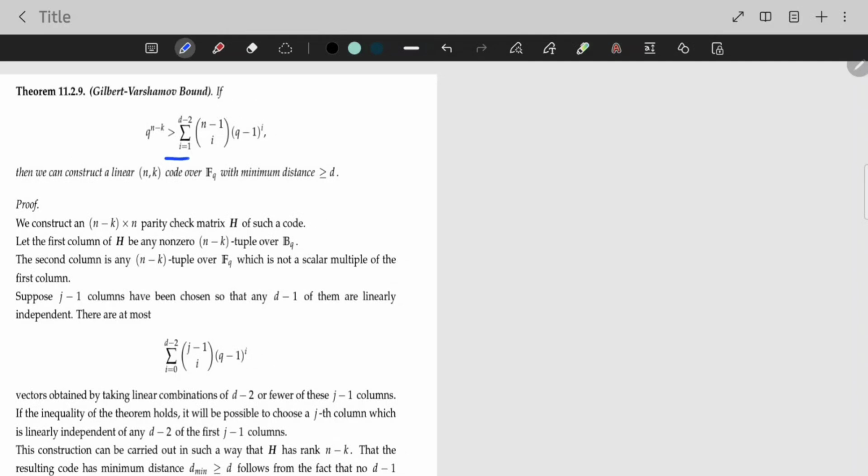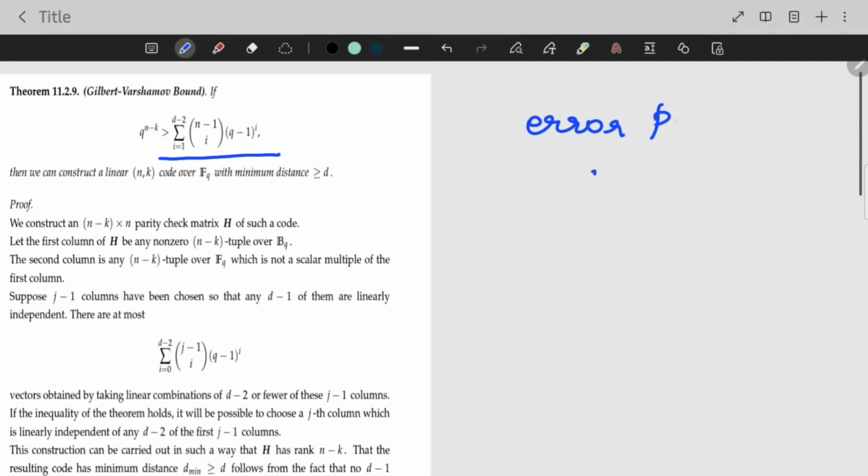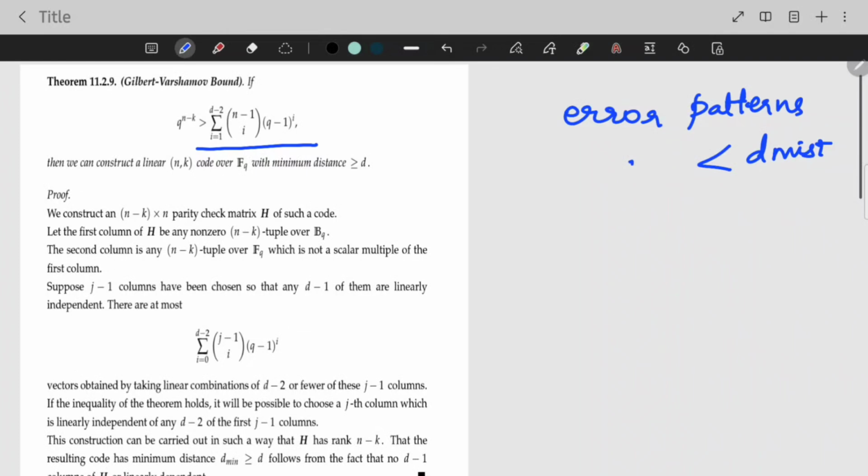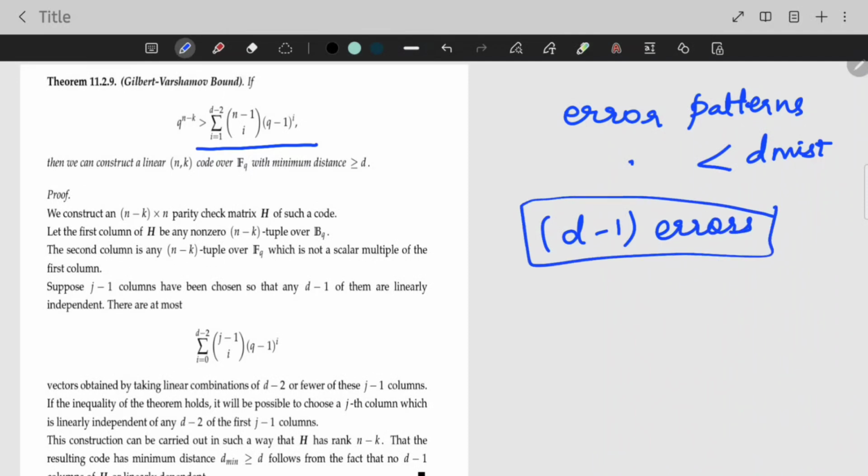And then the sum is how many error patterns there are with less than d mistakes. If the check power is stronger than the number of error possibilities, we know a code exists that can correct up to d minus 1 errors.